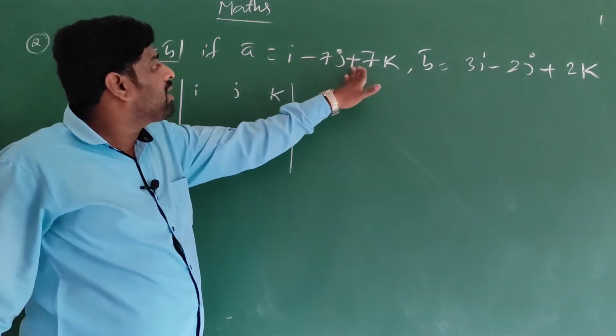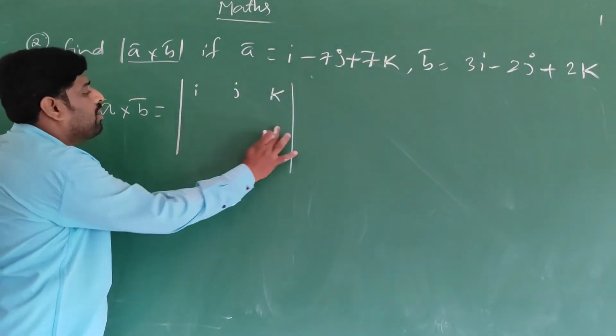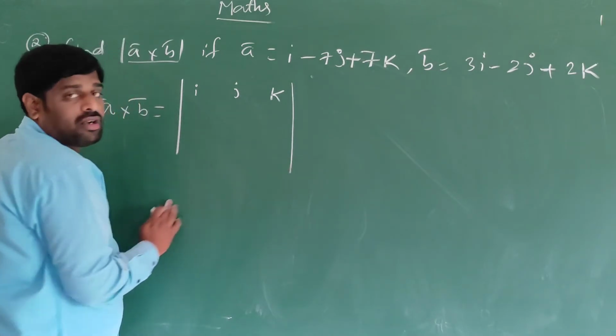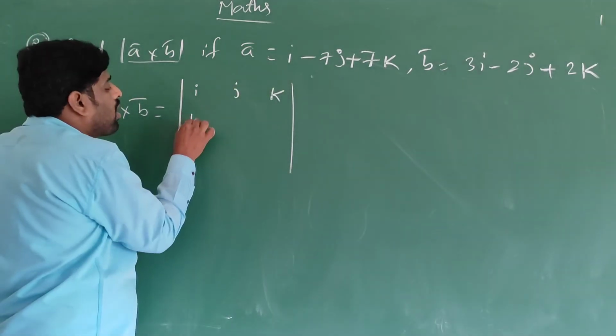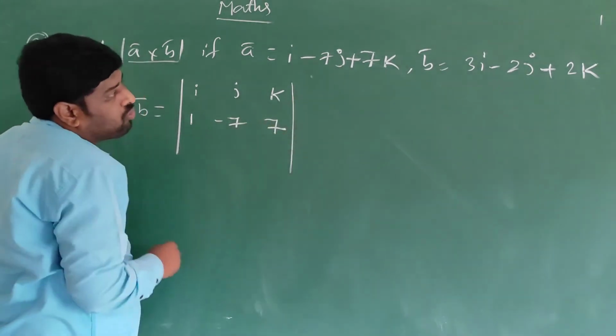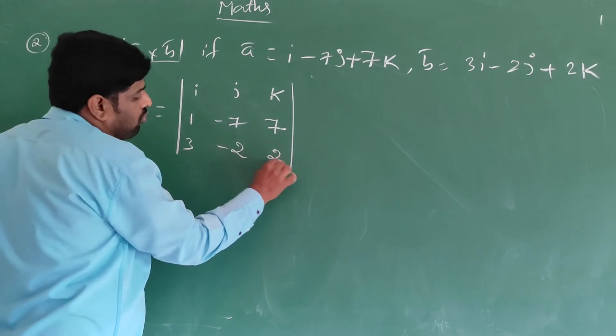What is the A bar vector, i component, j component, k component? You have to write in the second row. So what are the B bar components? We have to write in the third row. That is 1, minus 7, 7. So the B bar components are 3, minus 2, 2.